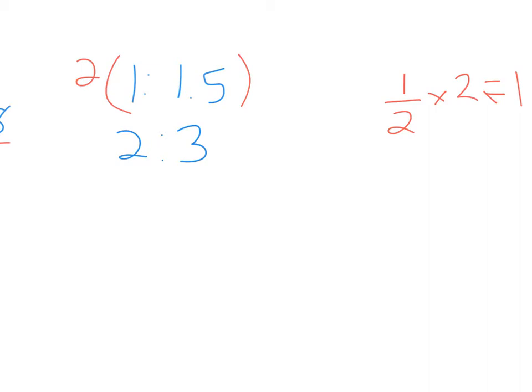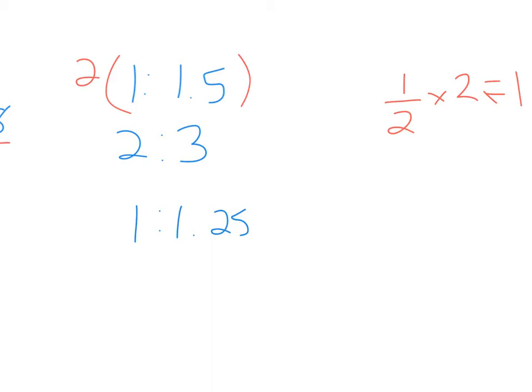Okay, here's a second scenario. Let's say instead I had 1 to 1.25. Now that 0.25 is still not really close enough for me to justify rounding down or rounding up. I can't really do that. And so I'm going to try to get rid of that 0.25. So let's look at the last example to help guide what our decision is going to be here. Well, last time I said, 0.5 is a half, and so I'm going to multiply by 2 because 2 halves give me a whole.